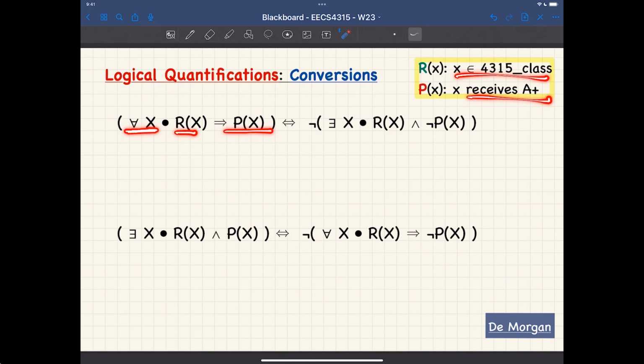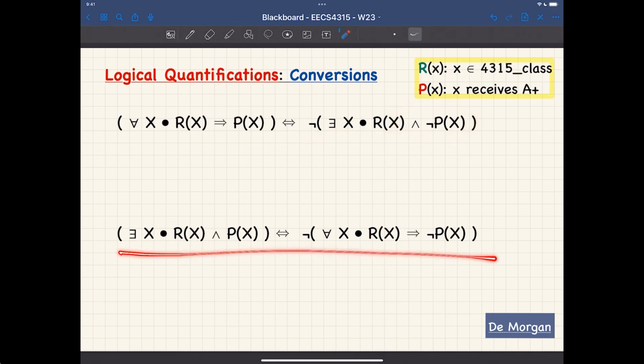Hopefully that will be true. I really hope. Anyway, that's not the point. Okay, here, we're saying everyone in the 4315, that means they actually got A+. What does that mean? That means there is not a single student in 4315 who does not receive A+. Isn't that nice? That's how you interpret that.